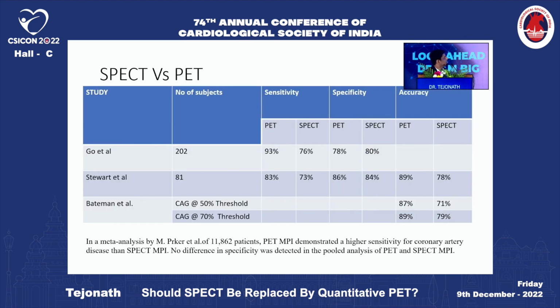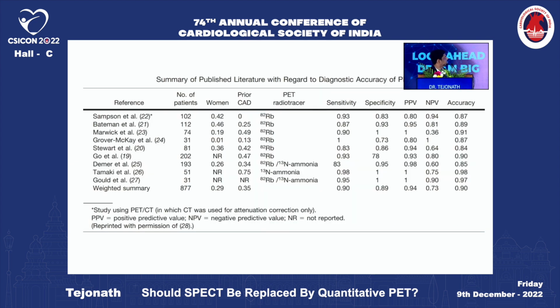Here the sensitivity is very high with PET, while the specificity of SPECT and PET is close. This is a meta-analysis of all the studies put together for quantitative PET. It has a high sensitivity of around 90%, specificity of 89%, and a very high positive predictive value and accuracy.